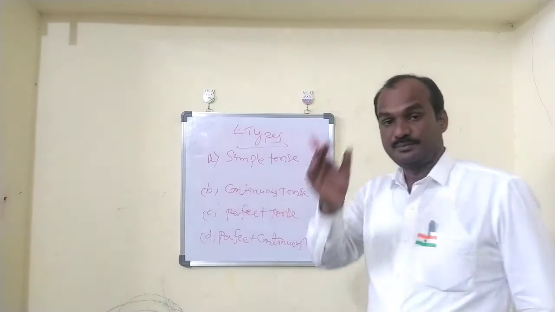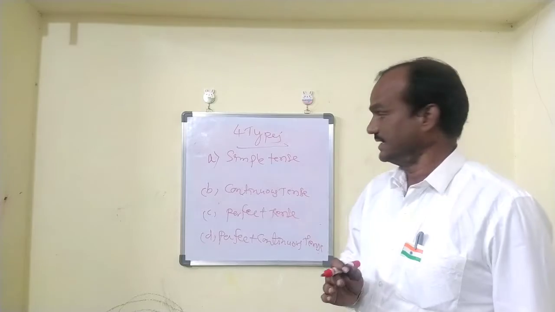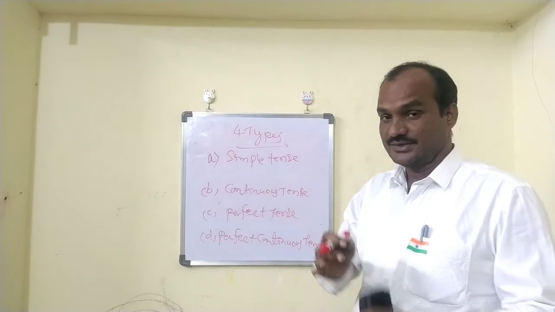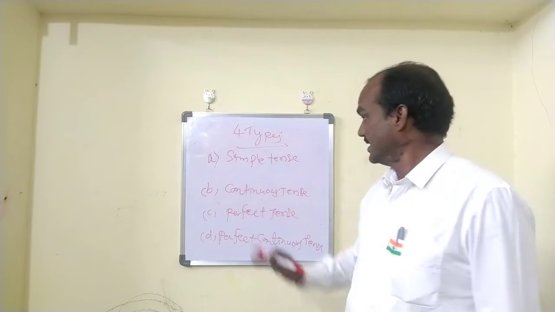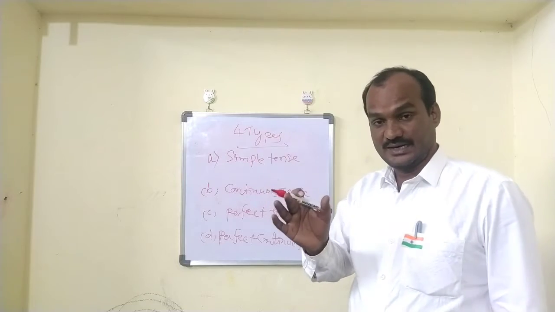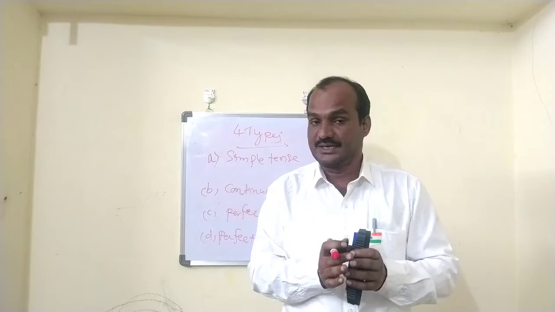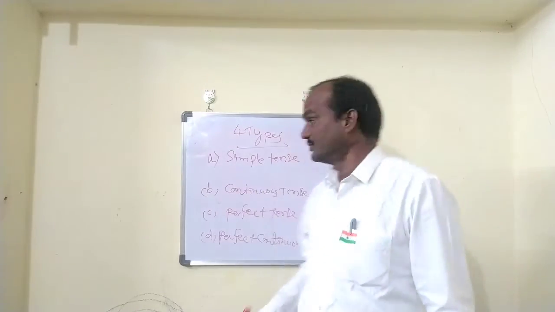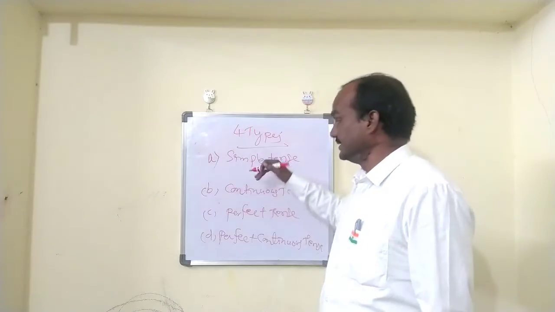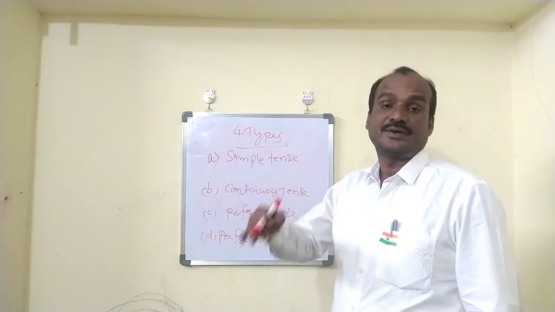So these are the basic four types, right? In every tense you will find these four types, right? Actually tenses are three types basically. Each tense is further categorized into four types. So these are the further categorization of each tense.